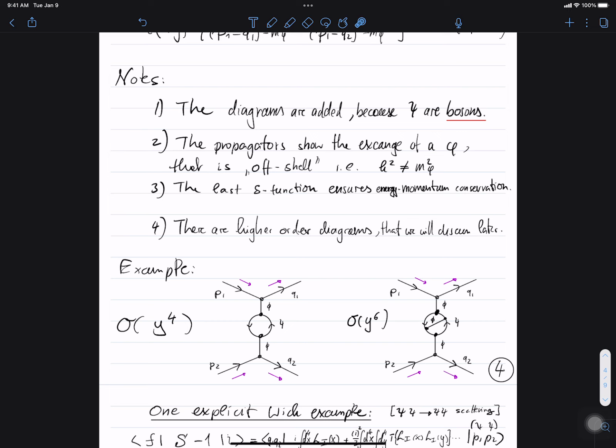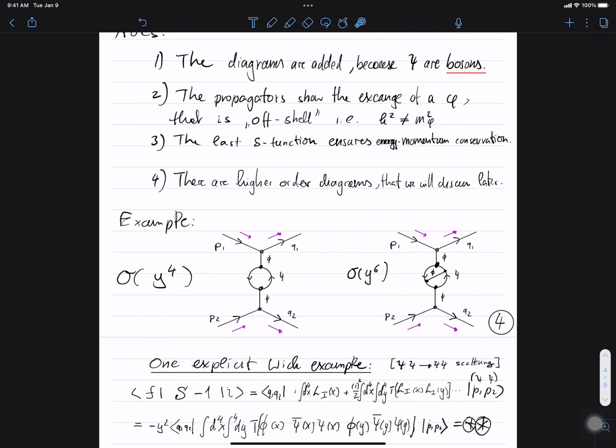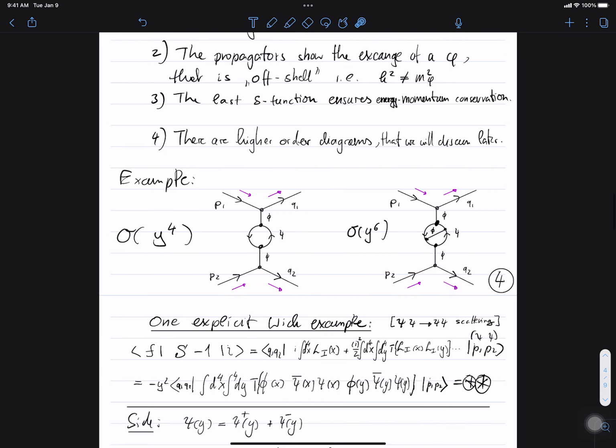We will refine our rules slightly in a little bit, but just an observation, the total four-momentum always has to be conserved. Then there are also higher order diagrams that we will discuss at some point later, but just an example, a y to the 4 diagram with 4 vertices can be constructed this way. So we have 2 vertices as before, but now we have 2 other vertices where we have a loop of psi's inserted.